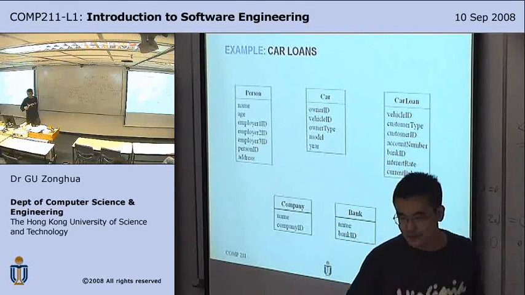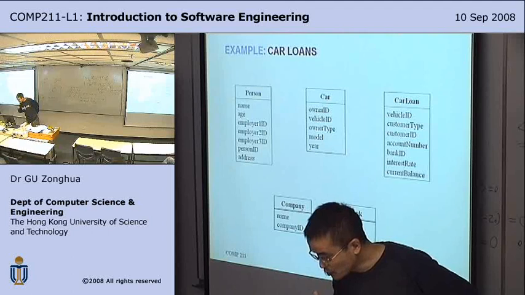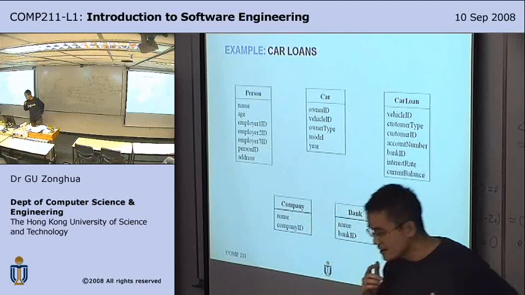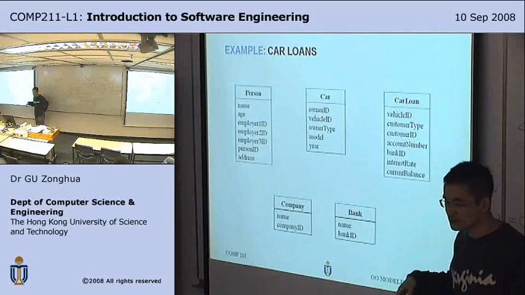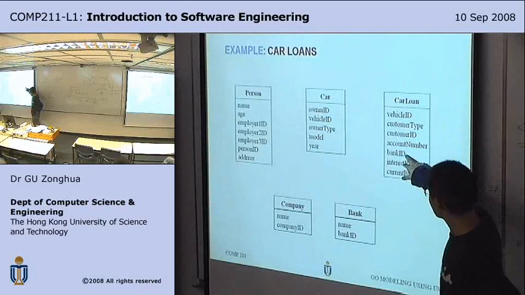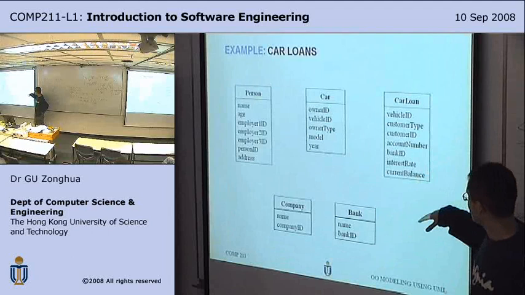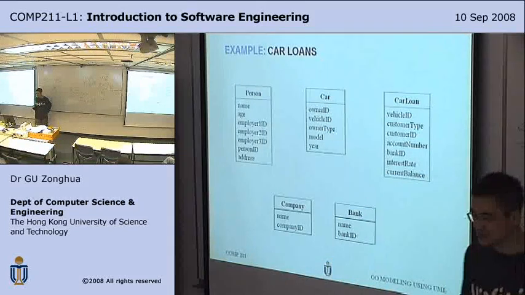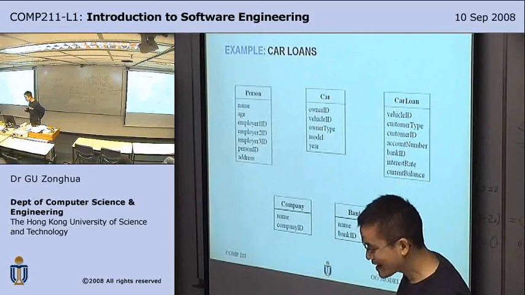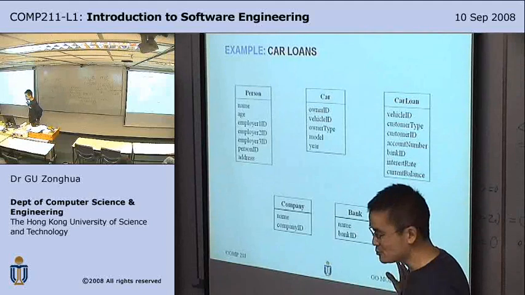If there's a match, it means the person works for a company, right? Or you can say a bank issues a car loan. So which bank issued a particular car loan? You try to match the bank ID with the one of the banks to establish this relationship. So that's how you do it in the database with these common attributes.